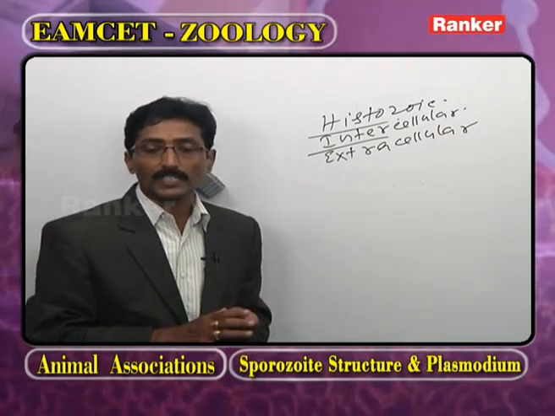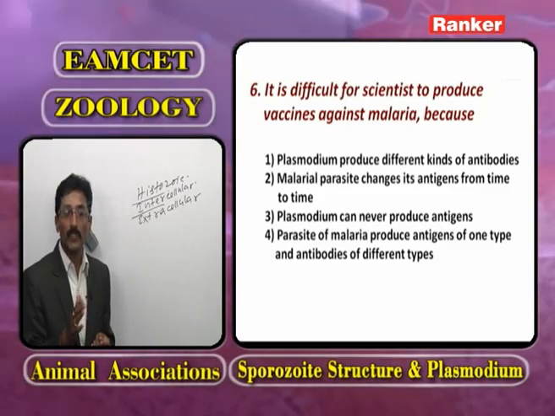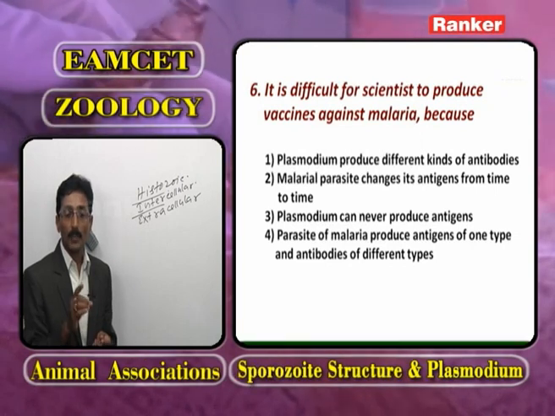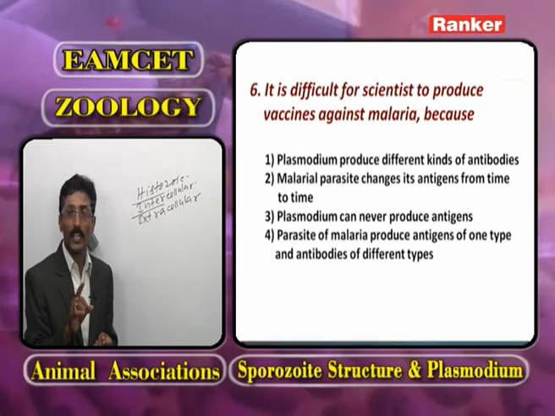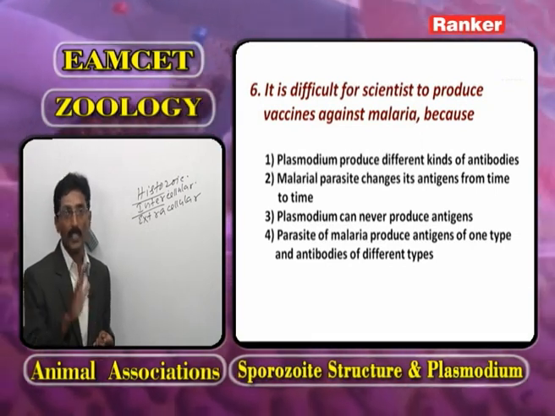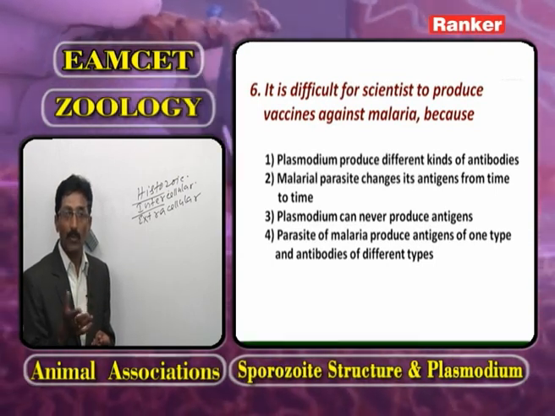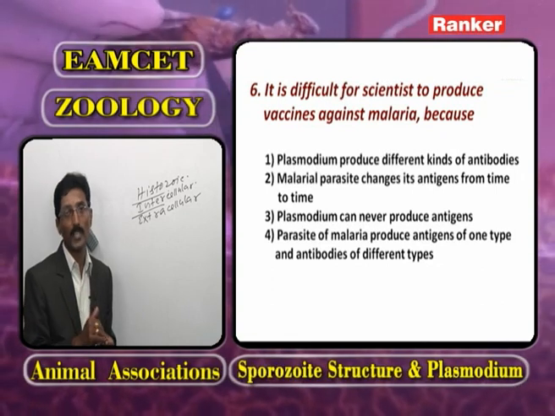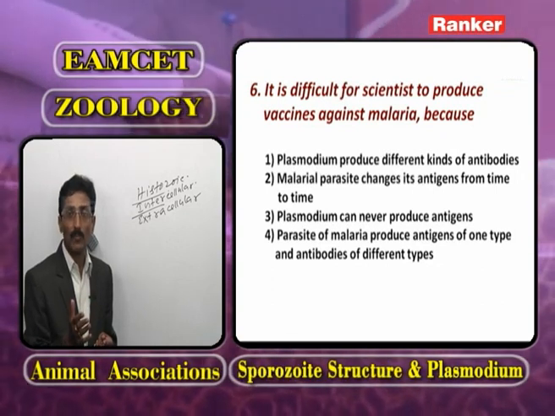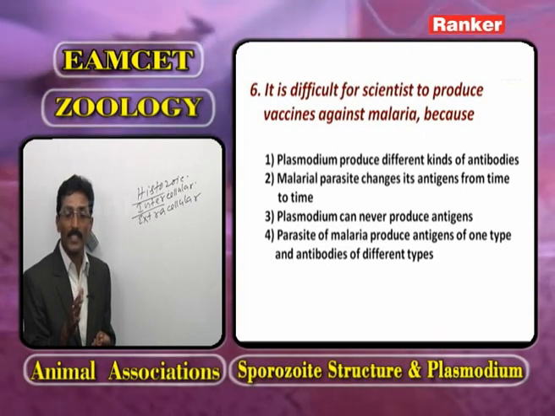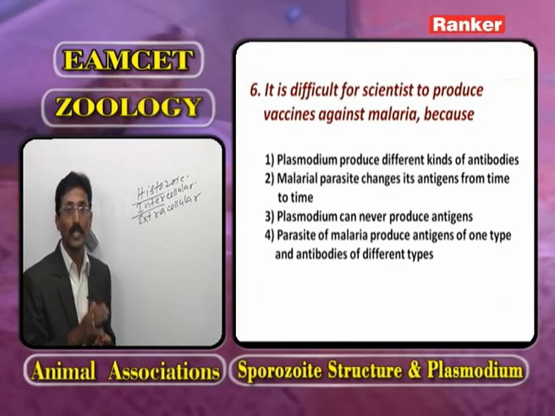Now, why is it difficult for scientists to produce vaccines against malaria? The first option, that Plasmodium produces different kinds of antibodies, is not correct. The second option: the malarial parasite, that is Plasmodium, changes its antigens from time to time.